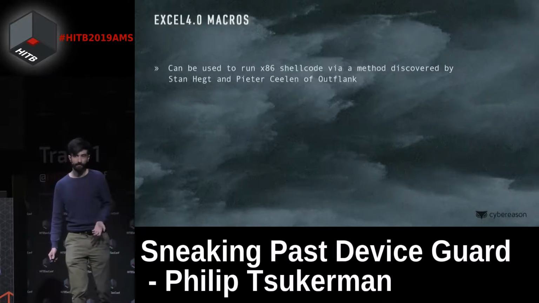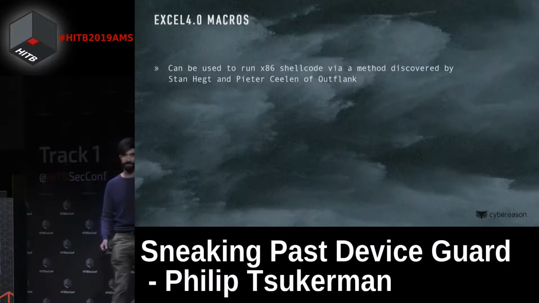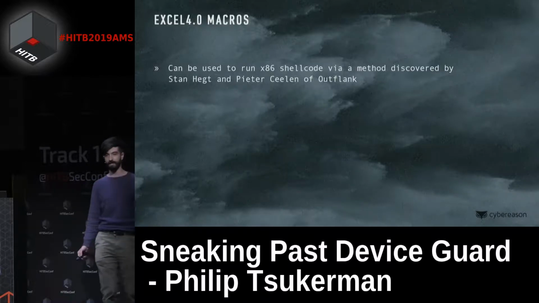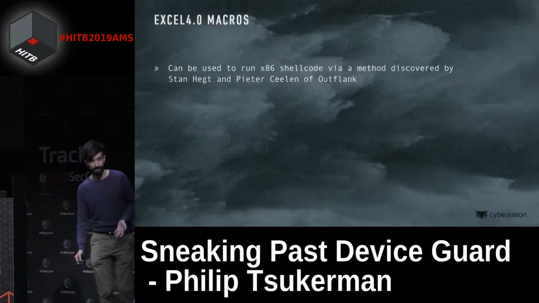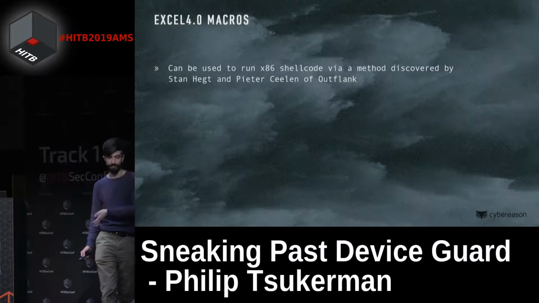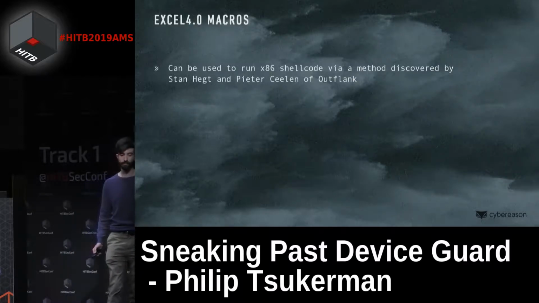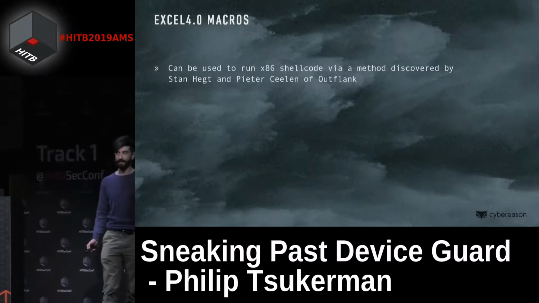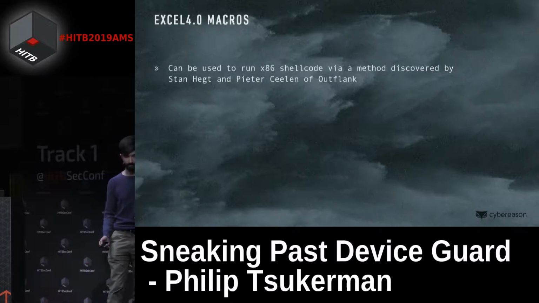Now, when I first discovered Excel 4.0 macros, I actually didn't find a way to abuse and bypass device guard with it because I was only able to run different command lines and run scripts, which, as I said, are instrumented by device guard. But Stan and Peter from Outflank actually discovered a way to run x86 shellcode using this method, meaning that, well, if we have shellcode running, we satisfy one of our requirements for full arbitrary code execution.